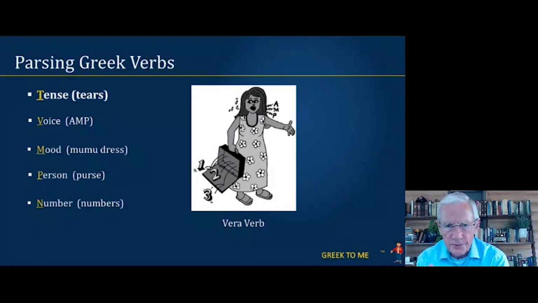Remember that voice means how the subject of a verb is related to the verb. And then we have verb wearing a muumuu dress. That reminds us of the word mood. She's in a happy mood. And then she's holding a purse there that is full of numbers, and that helps us with person and number. So tense, voice, mood, person, and number.